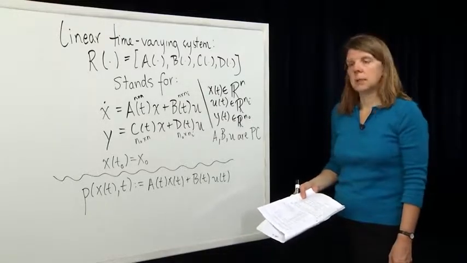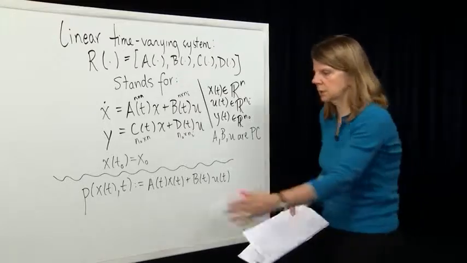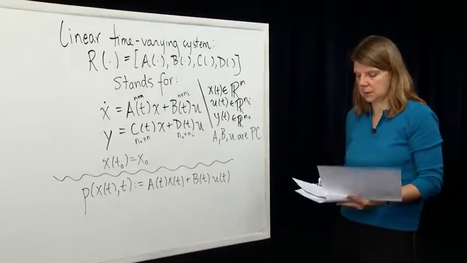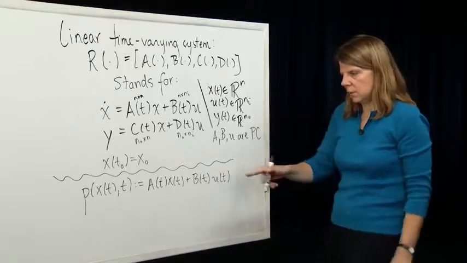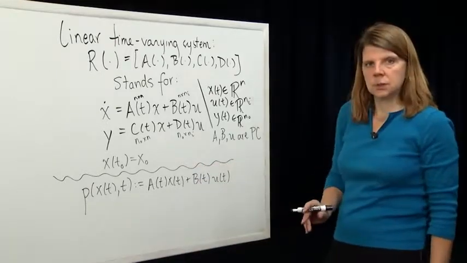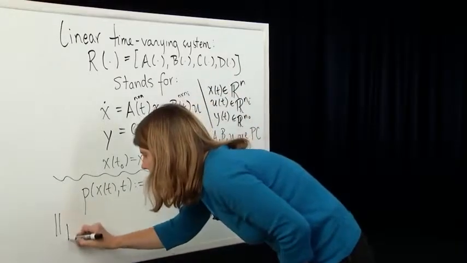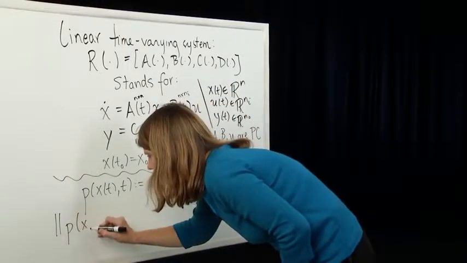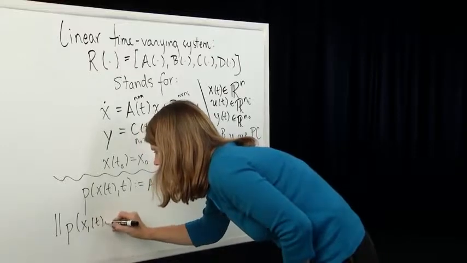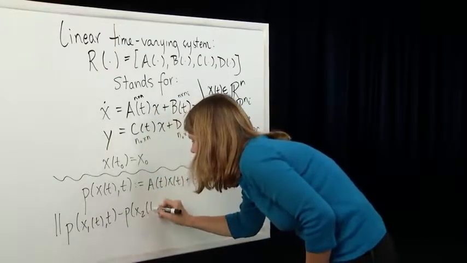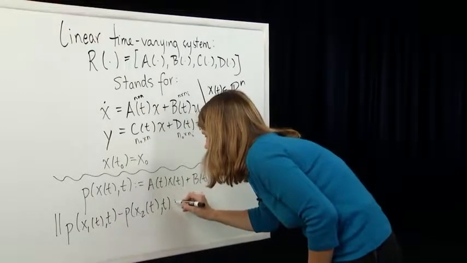All right, so that's fine. Now let's look at Lipschitz continuity. Let's look at this function p and ask whether or not it's Lipschitz continuous in the state x. If we try to derive a Lipschitz inequality on p, let's look at p of x1 of t minus p of x2 of t.